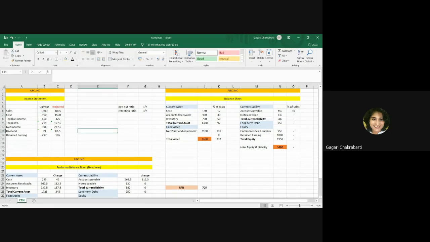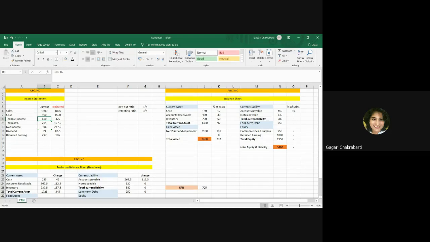So the initial cost is 900. Okay. So you are calculating the taxable income. So the taxable income, sales minus all kinds of costs. So it's a very simplistic setup.